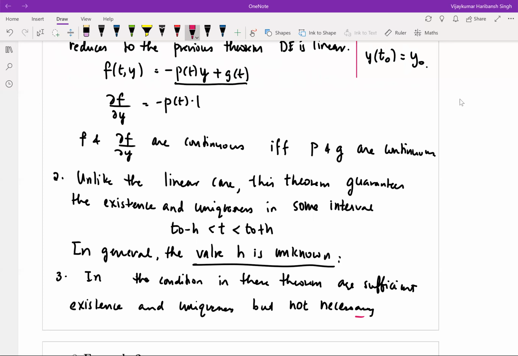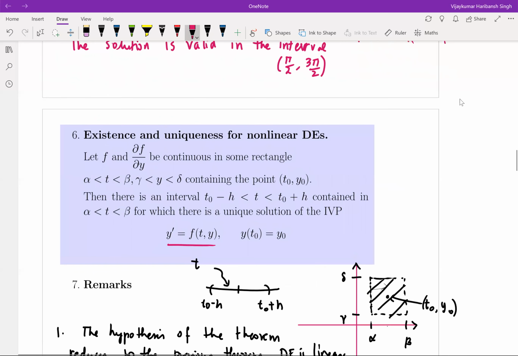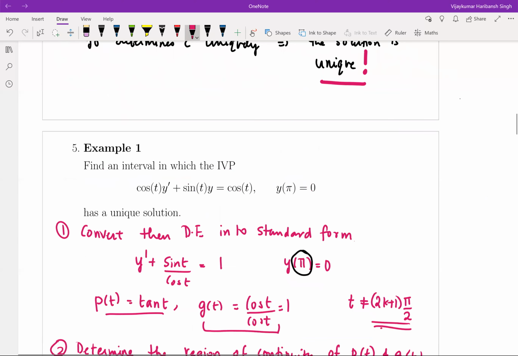What do you mean by that? Means we don't really need this to be satisfied. So if these things are satisfied, like f and the partial derivative of f with respect to y are continuous on some rectangle, then we are guaranteed an existence and uniqueness of the solution. But existence and uniqueness of solution does not necessarily require that these have to be continuous in some rectangle. Same thing about the first one as well.